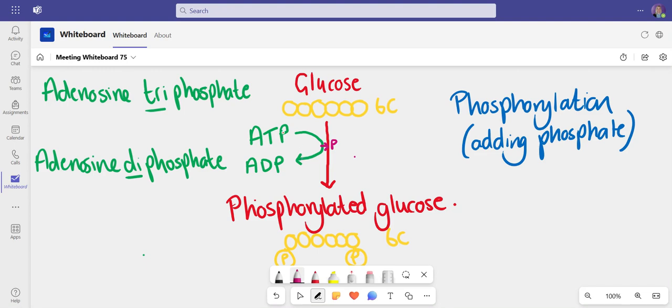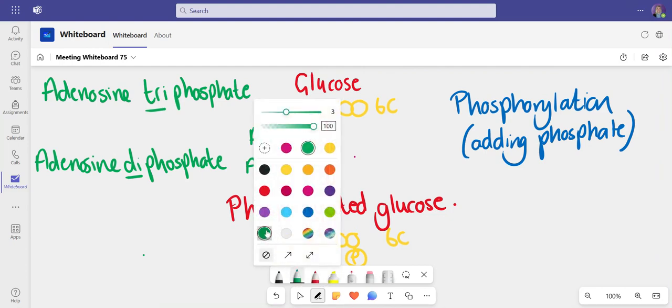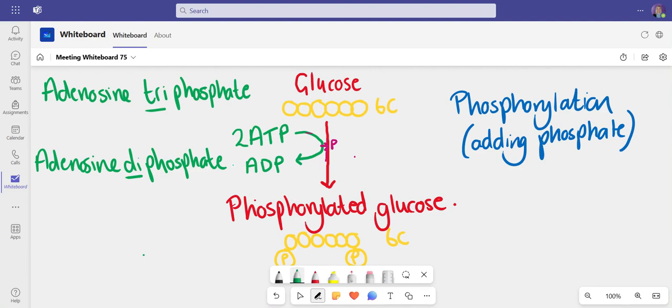So by starting with glucose coming in, ATP coming in, we make ADP and phosphorylated glucose. There are actually 2 here, so we need to make it add up: 2 ATP creates 2 ADP, and then the 2 phosphates have stuck onto the glucose to produce phosphorylated glucose.